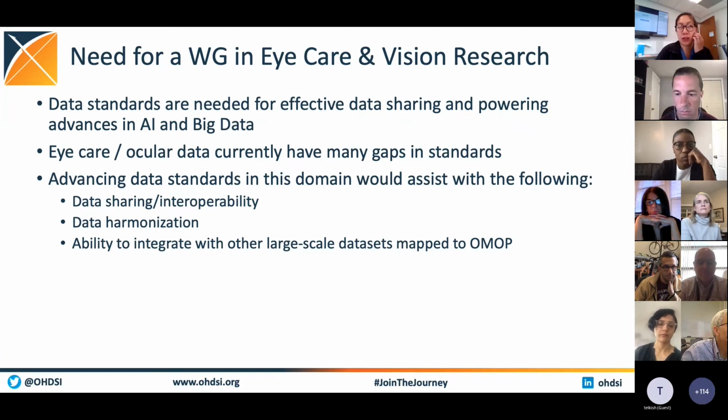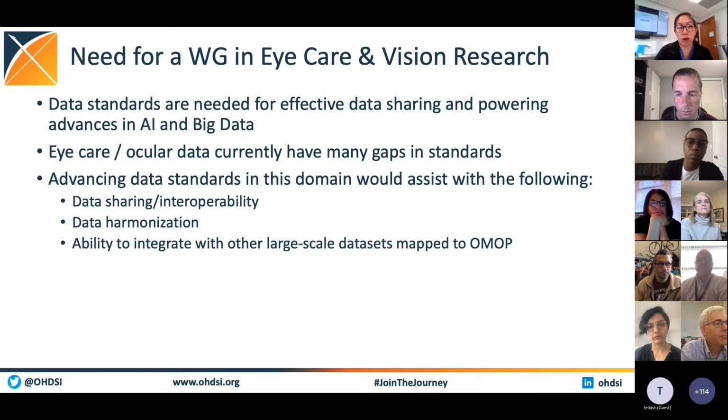With our imaging, a lot of the data is very siloed in proprietary devices. So we are trying to improve upon that and create more standardized data elements that can facilitate data sharing and interoperability, not just in clinical practice, but also for research, public health surveillance, and some of these other applications as well.